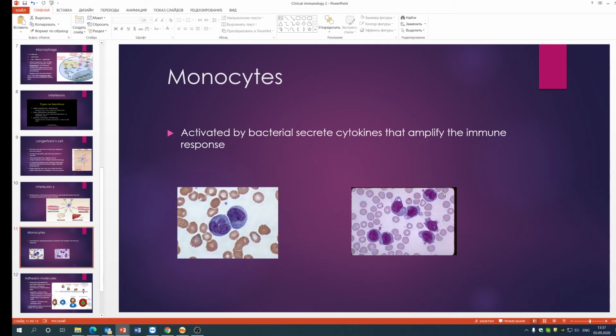Monocytosis may occur first of all in virus infections, Epstein-Barr virus and other herpes group viruses, tuberculosis infection, and other diseases.